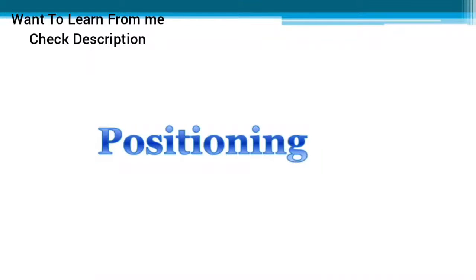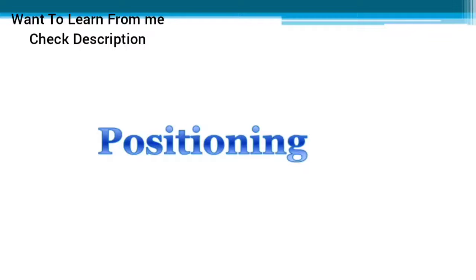The next topic we will begin with is the positioning. Like many a times we want the element to be positioned at a place, the exact location where we want. So in those cases we have to make use of the CSS position property.